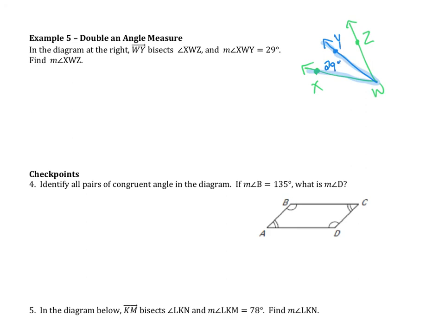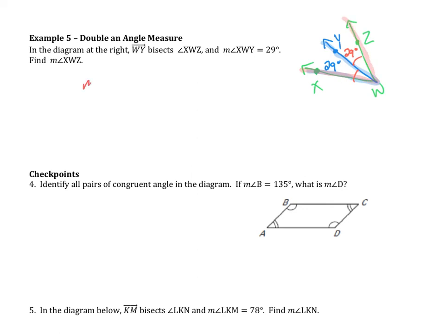So let's talk about this. If it's bisected, bisected means it cuts it in half. So that means that this side and this side are equal. So this other angle is 29 degrees as well. So how big is the measure of XWZ?